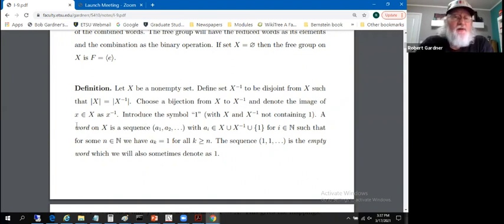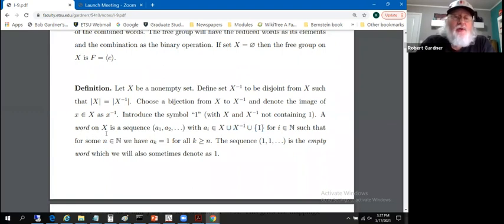Denote the image of lowercase x in set capital X as lowercase x inverse. And finally, introduce a symbol 1 that's contained in neither X nor X inverse. So we'll be dealing with the symbols, maybe call them letters because we're going to make words out of them, symbols from set X, set X inverse, and the symbol 1.